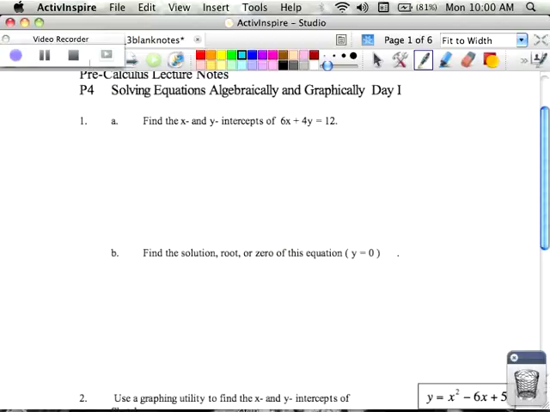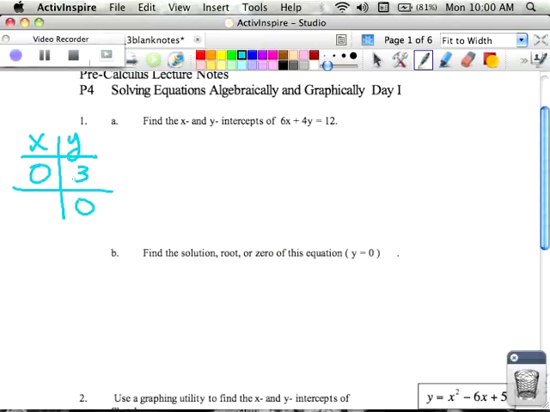We learned the technique last week that kind of looked like this. Make an x and y table, plug in a 0 for the x, plug in a 0 for y, see what happens. So if I were to do that, and if I know that when I plug in a 0 for x, I have 4y equals 12, that means my y has to be 3.